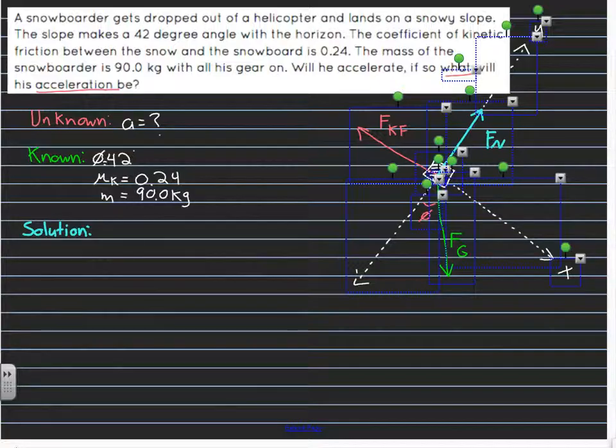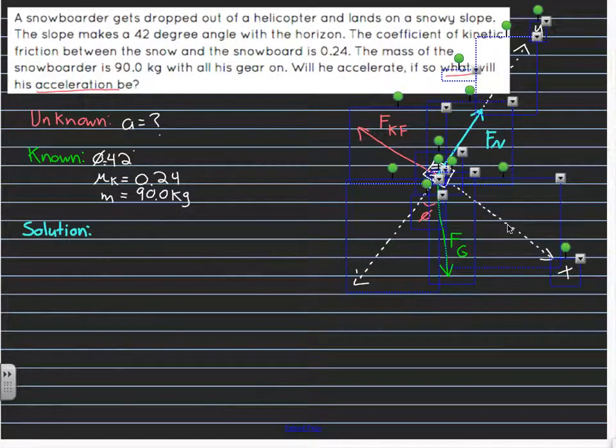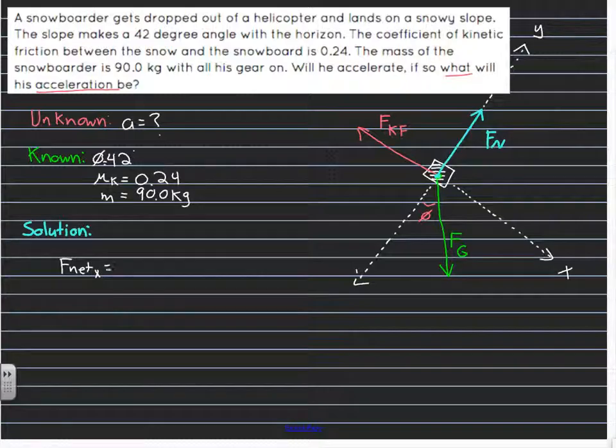All right, the first step in doing that is by doing a sum of forces equation in the x direction. So what we do is we simply say the net force in the x direction is going to equal m times the acceleration in the x direction. And there it is. That's what we're looking for.